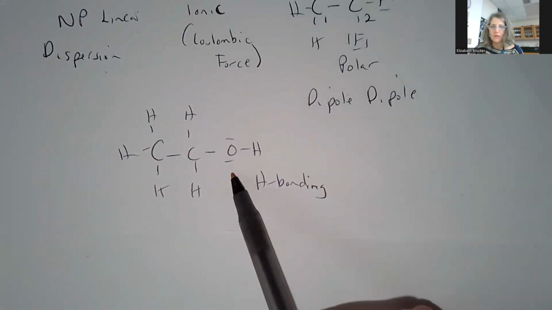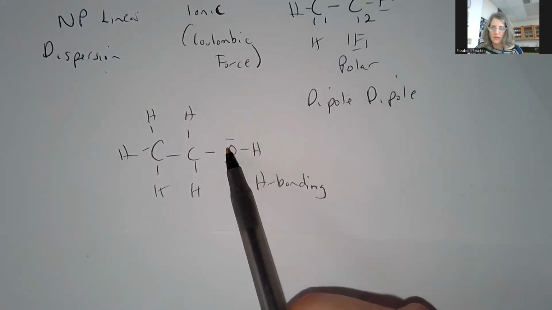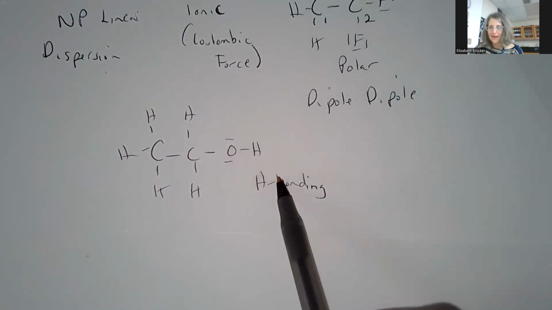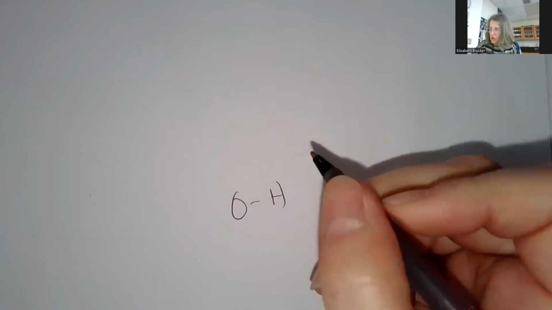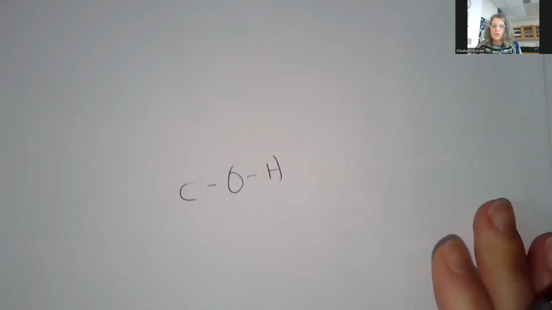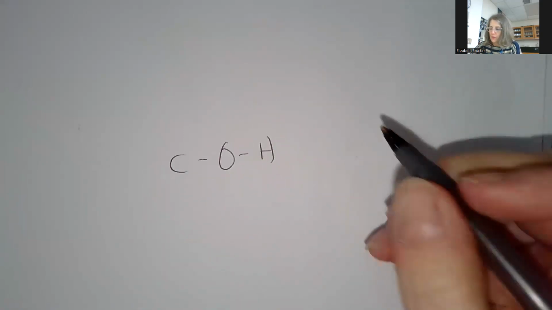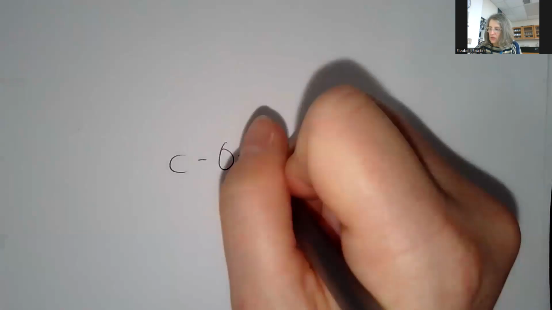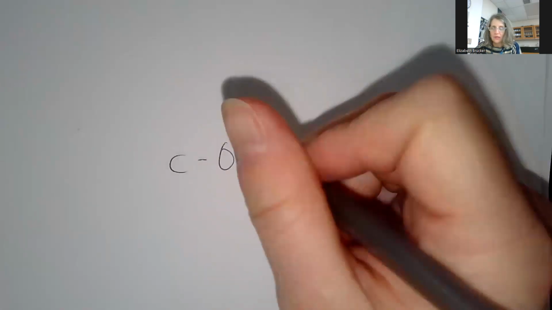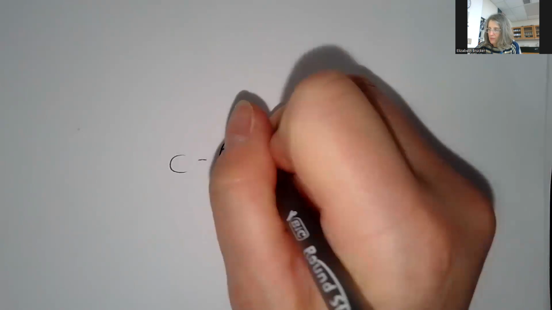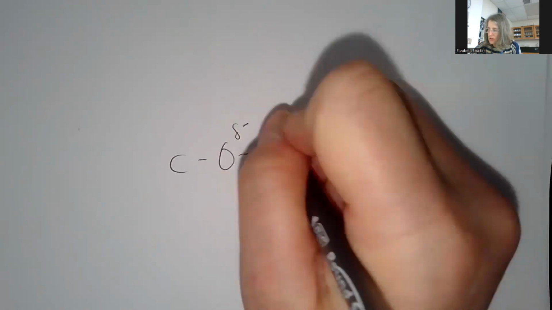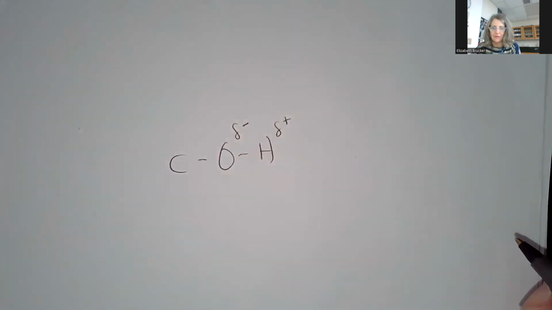Anytime you have an OH, that H directly attached to that O, you have what we call hydrogen bonding. Hydrogen bonding is one of those concepts that I think gets misinterpreted. So I'm just going to draw the alcohol one for you. The oxygen is going to pull more on the electrons than the hydrogen, so it's going to have a partial negative, and the hydrogen is going to have a partial positive.